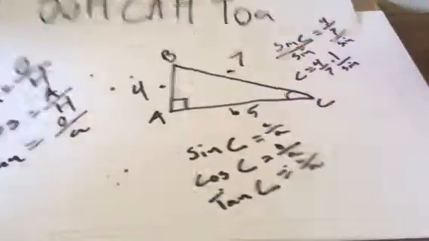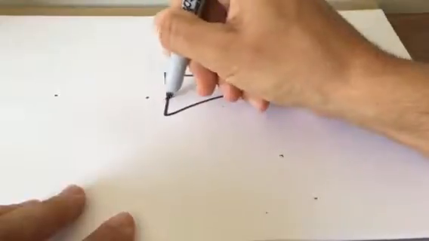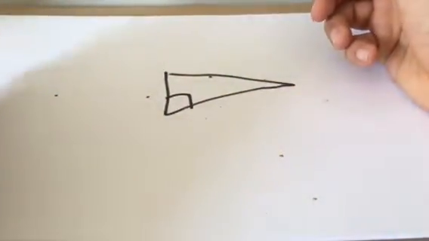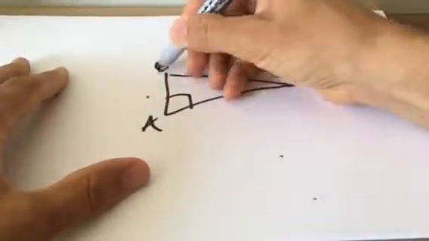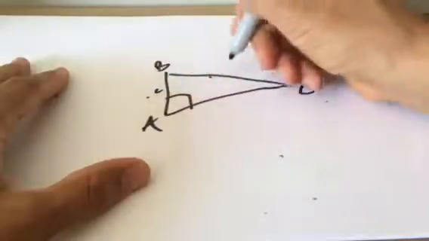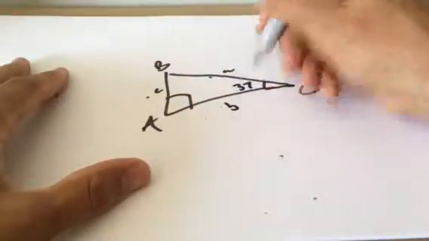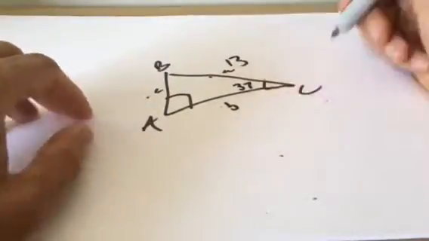Now, say for example, in the right triangle, they only give you this angle right here. We're doing A, B, C again, so C, A, B again. And let's say that this angle is 37, right? And they tell you that the hypotenuse here is 13.